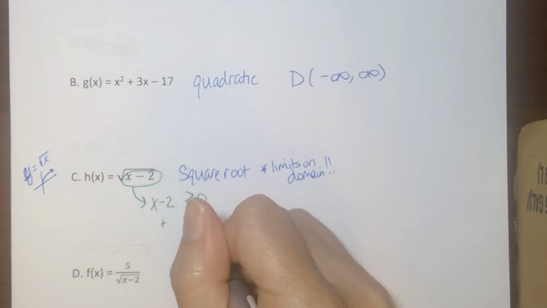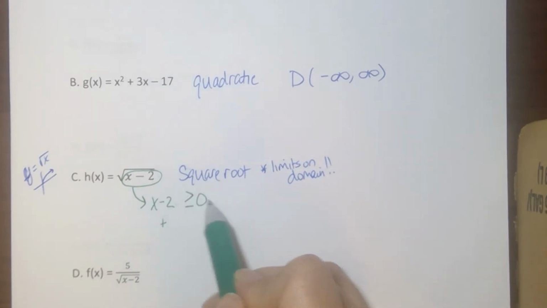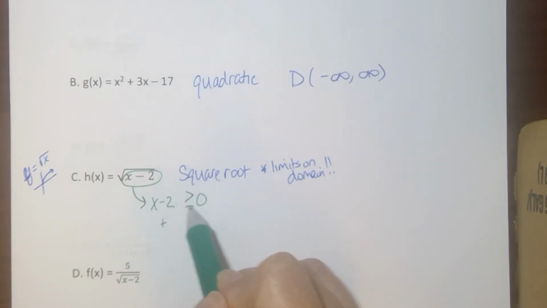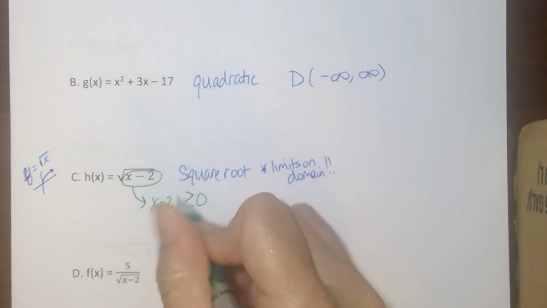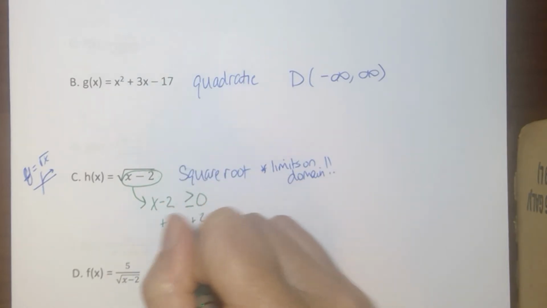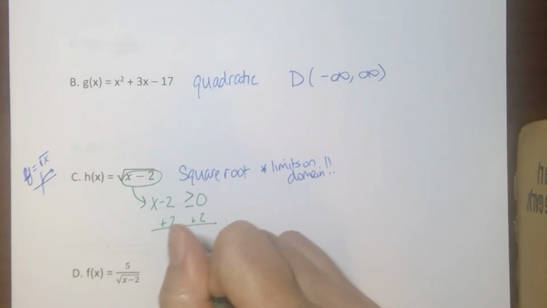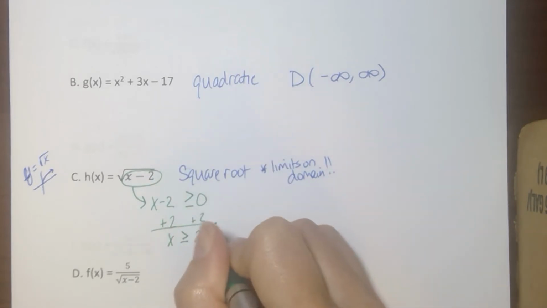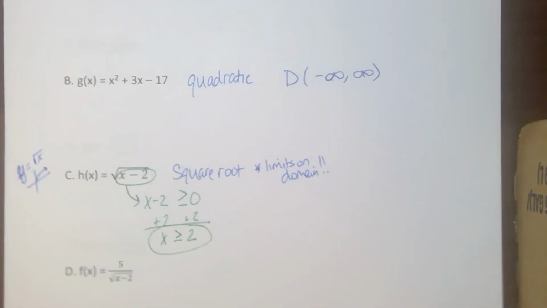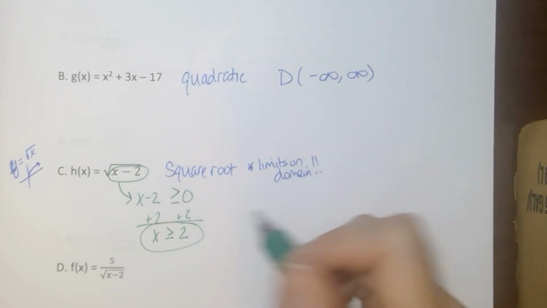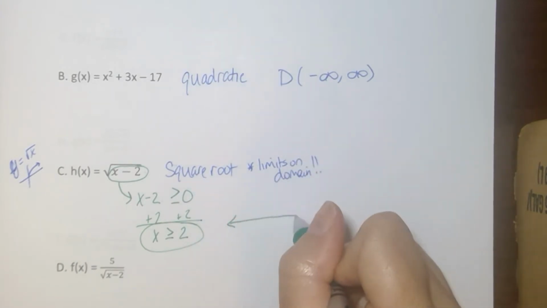If I have to multiply or divide by a negative across that inequality symbol, it would reverse the inequality. But right here, I'm just adding. So I'm going to add 2 to both sides, and I get that x needs to be greater than or equal to 2. This is what my domain needs to be. Well, what does that mean as far as an interval?